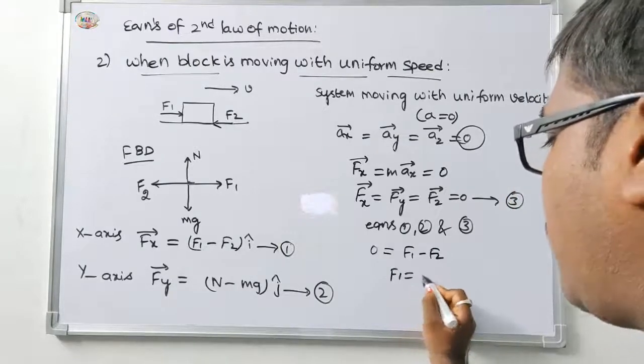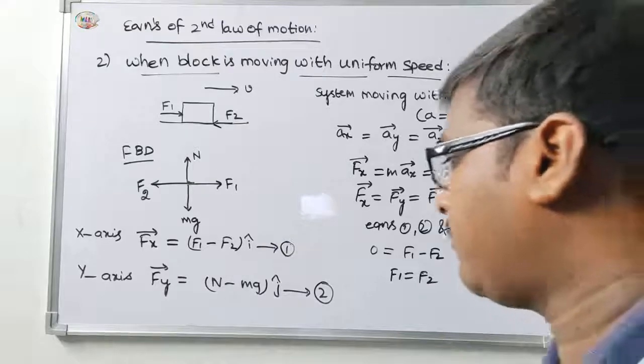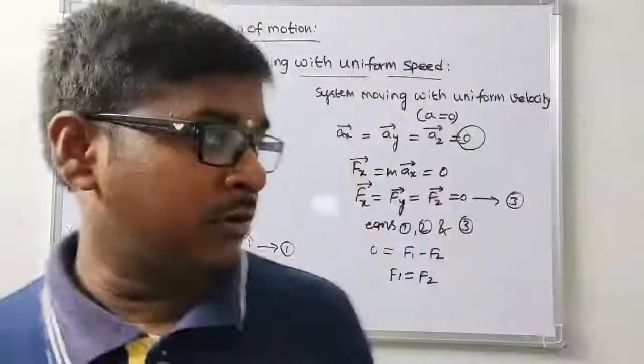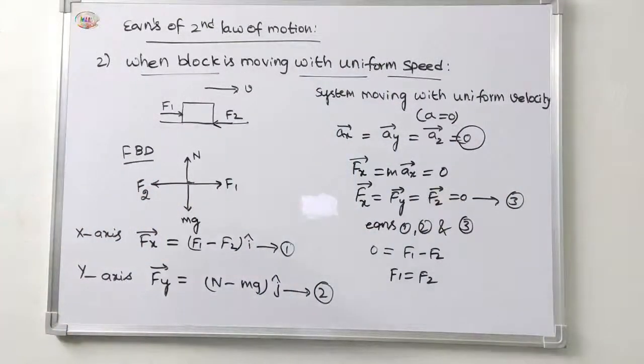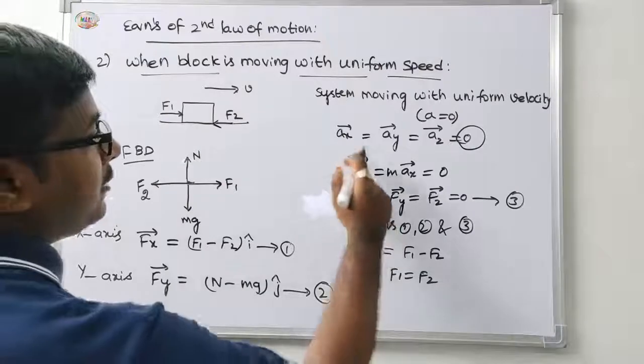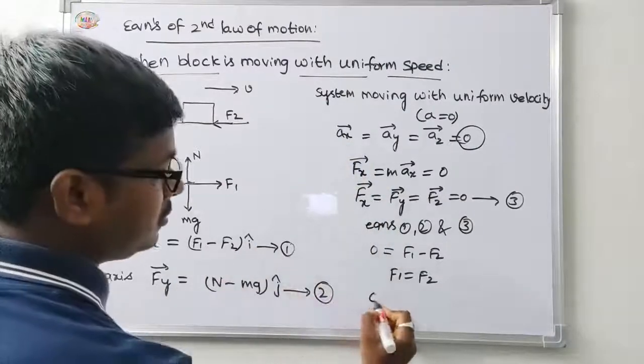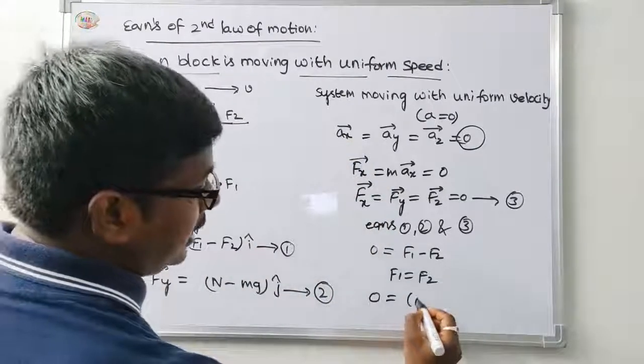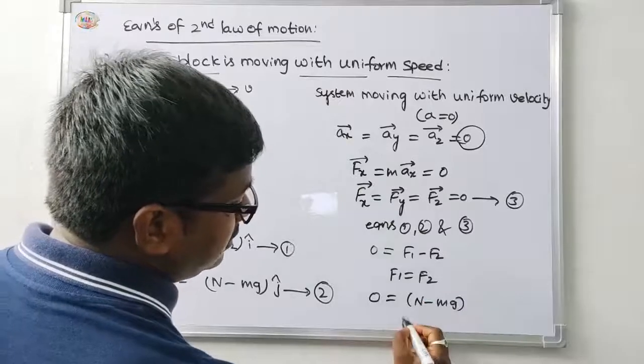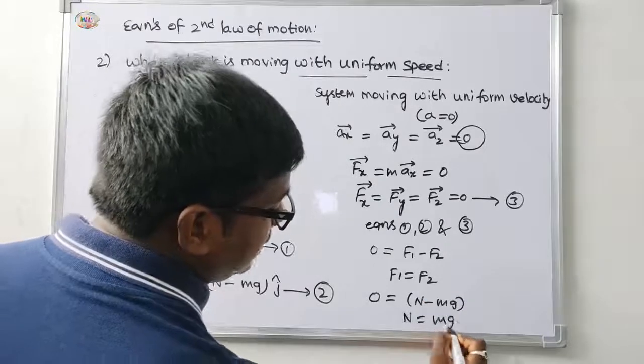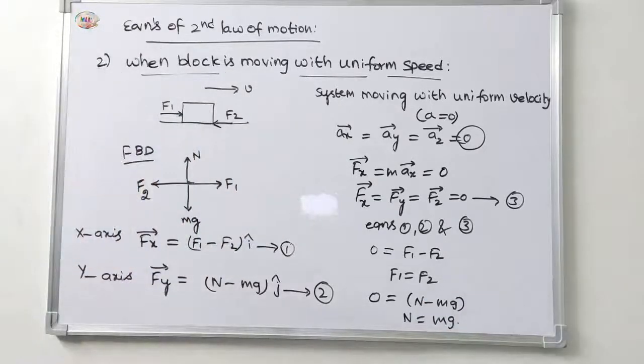Then F1 is equal to F2. The next, along the y-axis, equation number 2, Fy is equal to 0, n minus mg, therefore n is equal to mg.